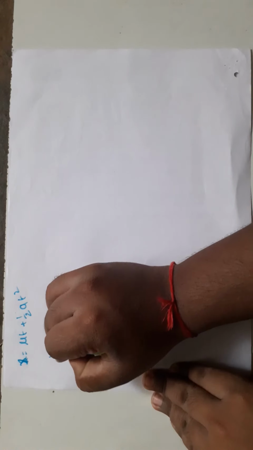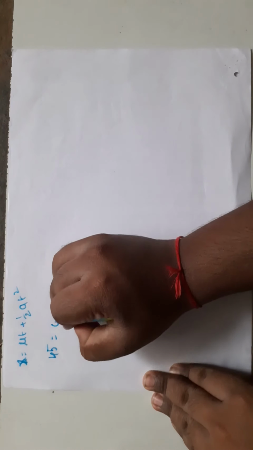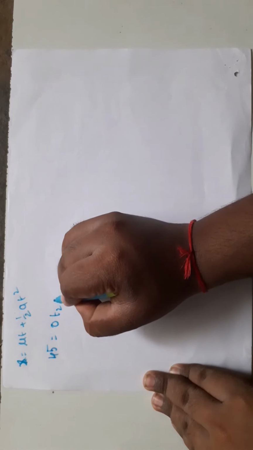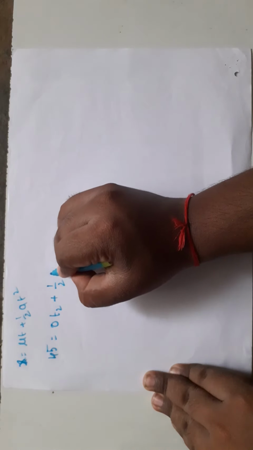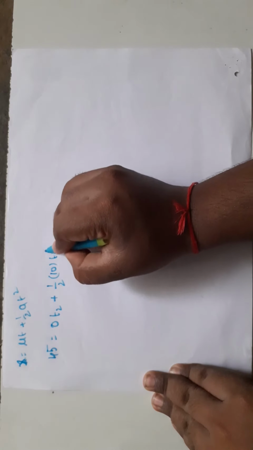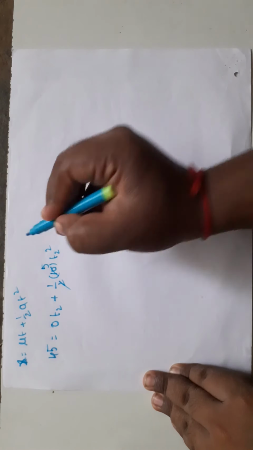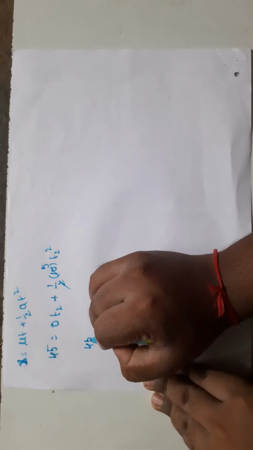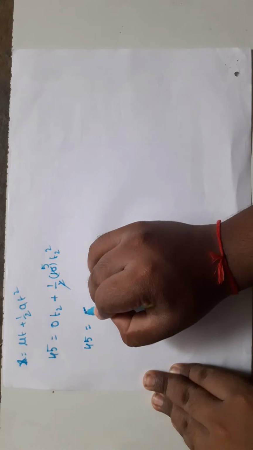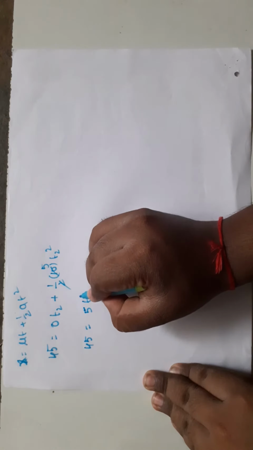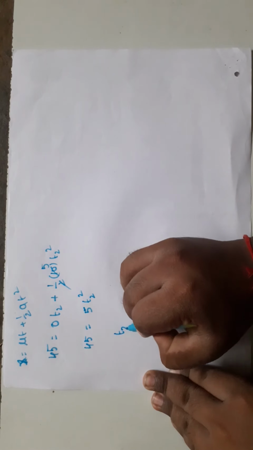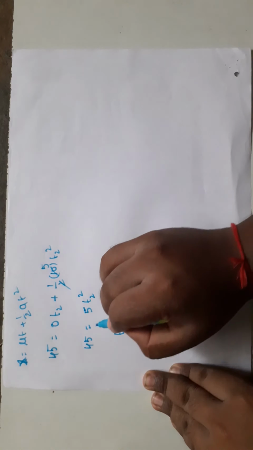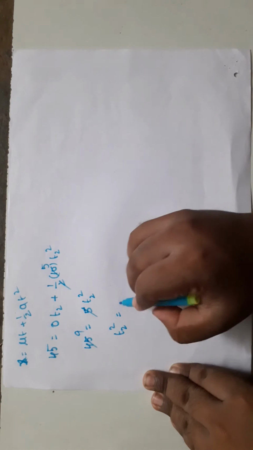x value is 45, u value 0 into time t2 plus 1 by 2, acceleration 10 t2 square. How many times gets cancelled? 5 times. So 45 equal to 5 t2 square. So we want the t2 square value, how many times gets cancelled? 9 times.